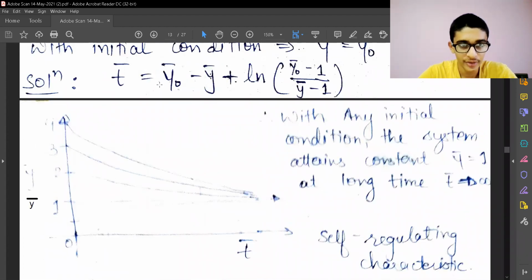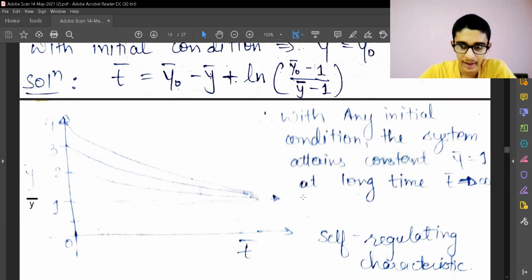Using this, we are getting a constant y bar, that is a constant distance which we are attaining. So with any initial condition I put on y naught, the system attains the constant value y bar equal to 1 at a long time.